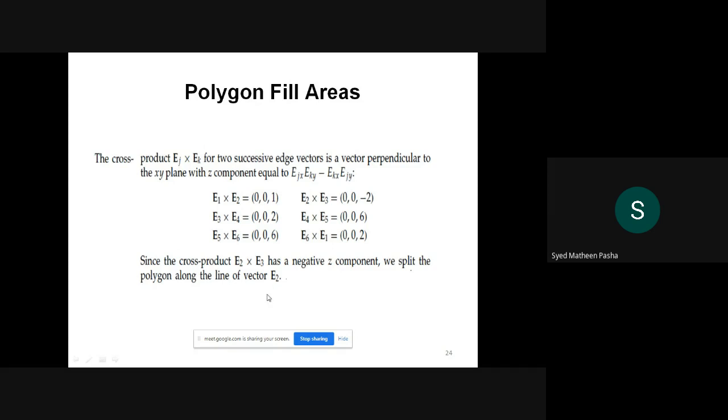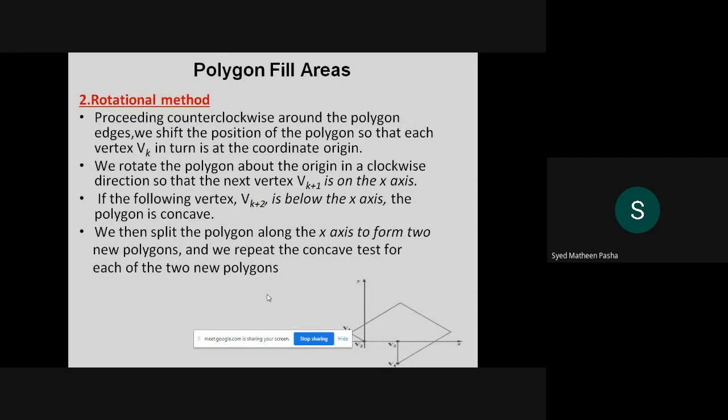Basically, once you calculate the cross product, if the cross product output consists of a negative value, then we'll split that polygon. You can just remember, after calculating the cross products, if you have a negative value in the output, you just split that polygon. So that was the first method, the edge vector method, where you calculated the edge vectors, then their cross products, and checked if the values of the cross product are negative, you just split up the polygon.